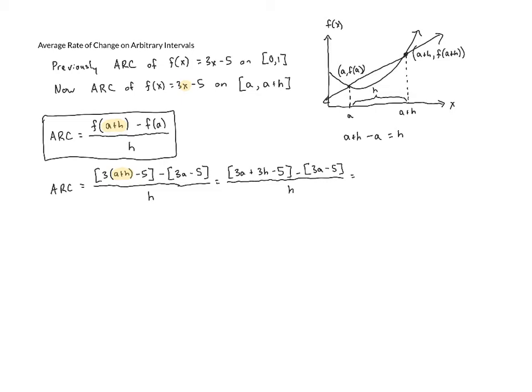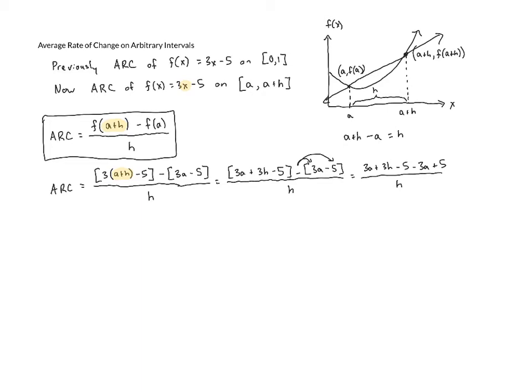Now, when we've got one polynomial minus another, we need to distribute that subtraction if we want to get rid of the grouping symbols. So we're going to have 3a plus 3h minus 5, and then minus 3a plus 5. And it'll be plus 5 because we're subtracting a negative quantity, all over h.